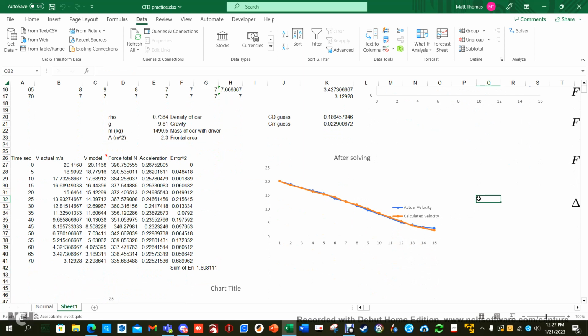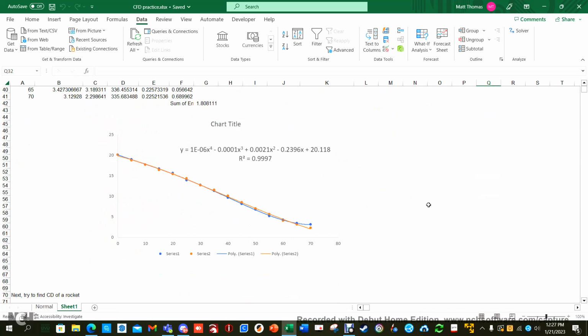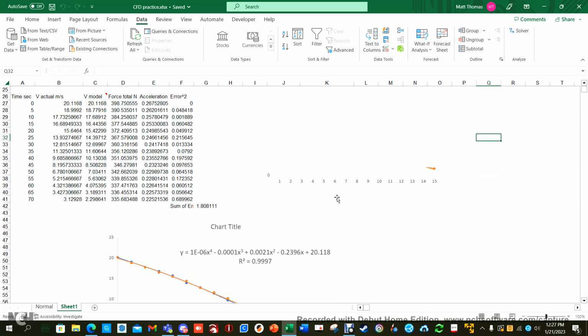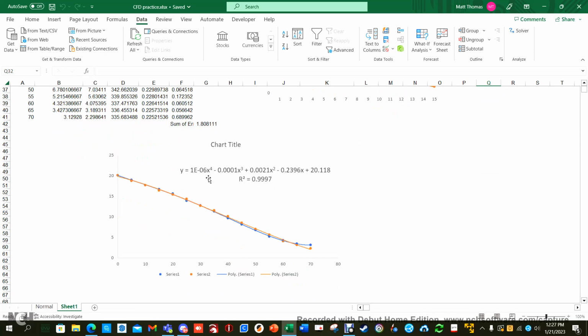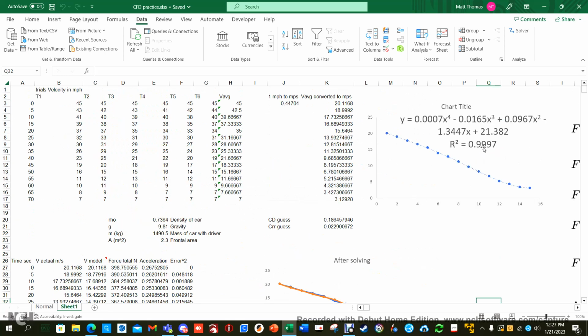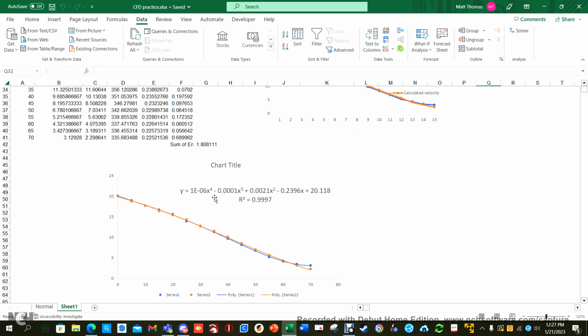So I'm just going to, I guess I'm not going to go back one. Okay, I'll just save it. Now, if we look at our solved fourth order equation, oh look, here's our r squared value, 0.9997. Huh. Now let's look at our squared equation of the orange. Okay.